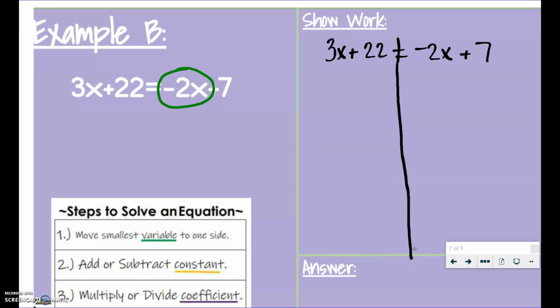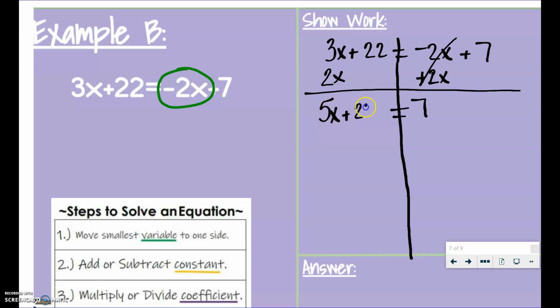I know I'm moving my smallest variable, which is negative 2x, so I'm going to add 2x on both sides. This cancels. I am now left with 7 is equal to 5x plus 22. Step 1 is complete.